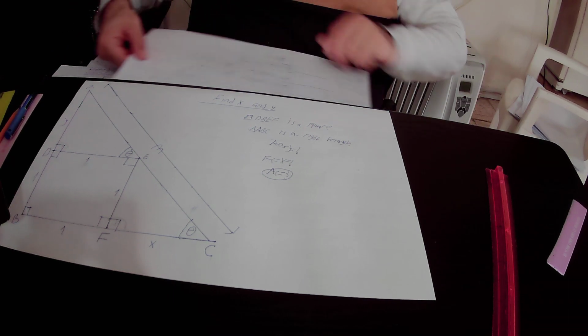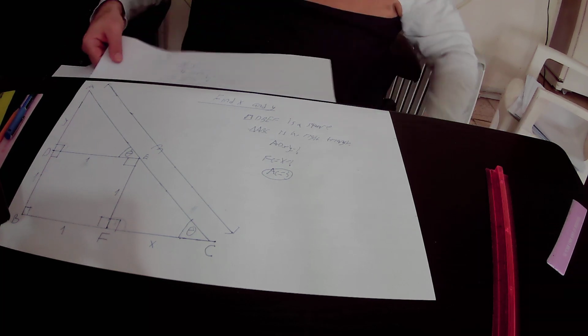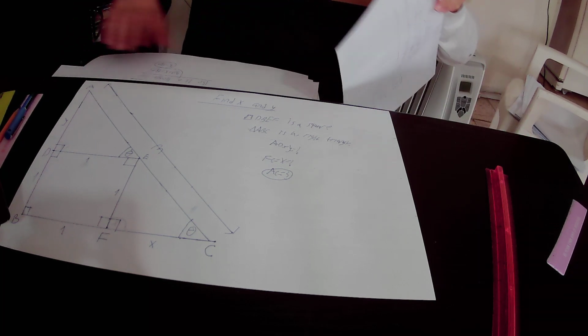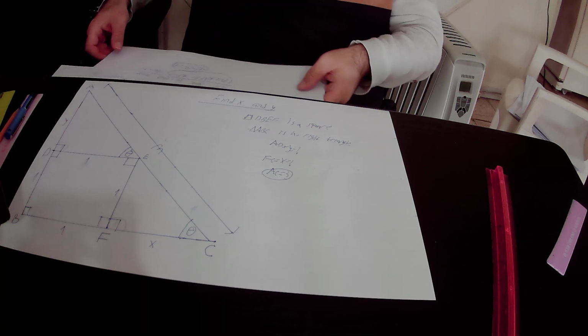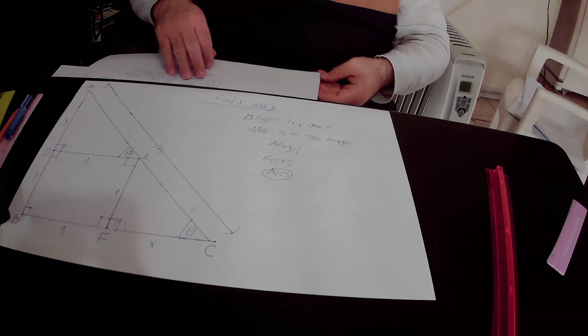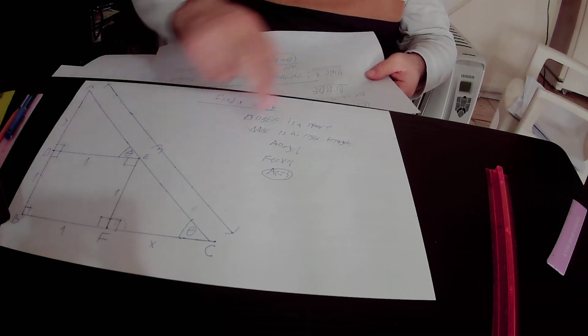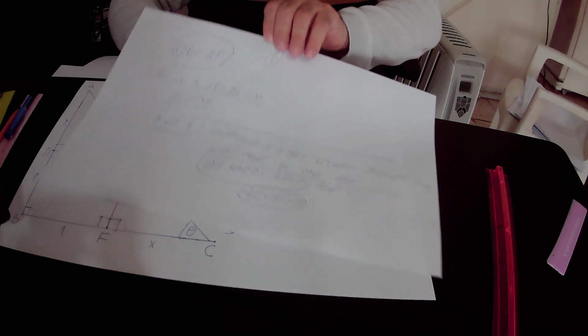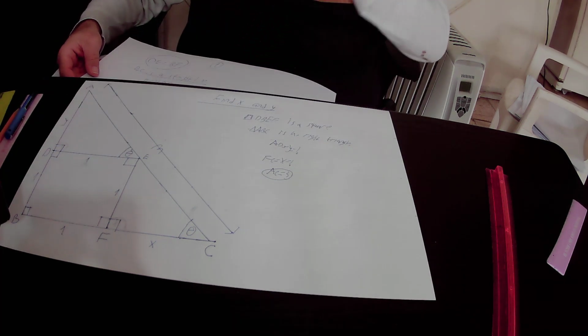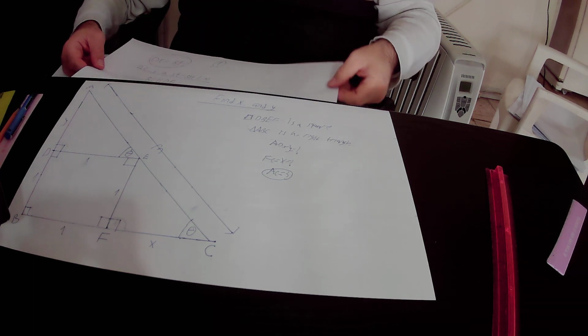Okay, so first of all, we know that the opposite sides of a square are parallel to each other. That is to say, DE is parallel to BF. BC is one side of the right triangle ABC, therefore it is absolutely a straight line.